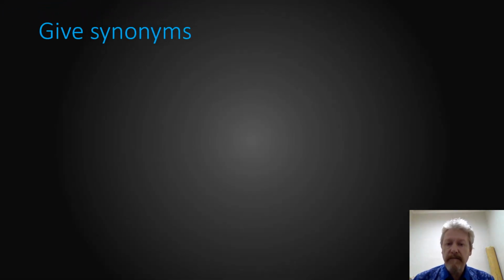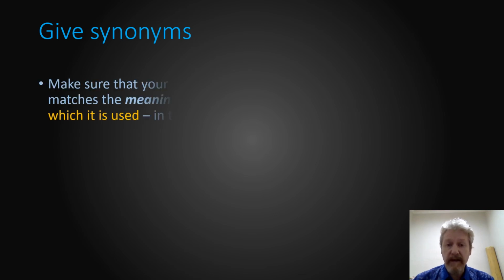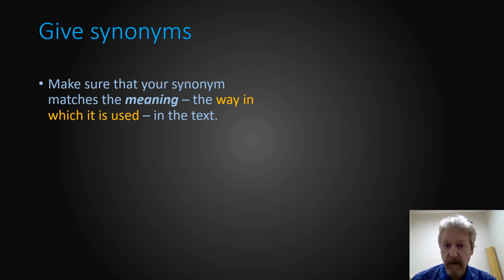Next question. There's a couple of synonyms that you need to give. Now make sure that your synonym matches the meaning of the word in the way that it is being used in the text. For example, if we take the word monstrous, it can have different meanings.